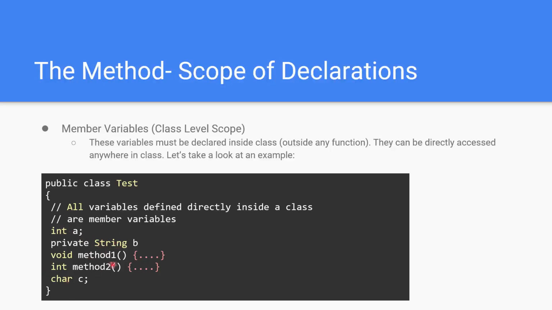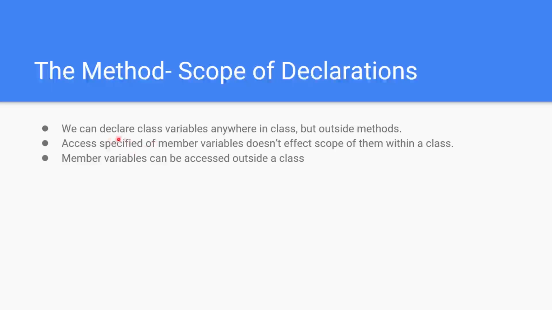These variables are accessible regardless of their declared visibility. Even though this is a private string, any method within this class can still access string B. We can declare class variables anywhere in the class, as long as it's outside of methods, and the access specifier of a member variable does not affect the scope within the class.